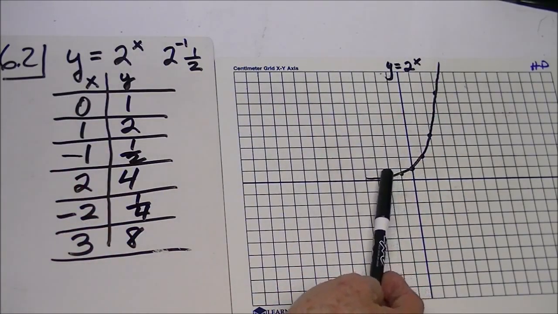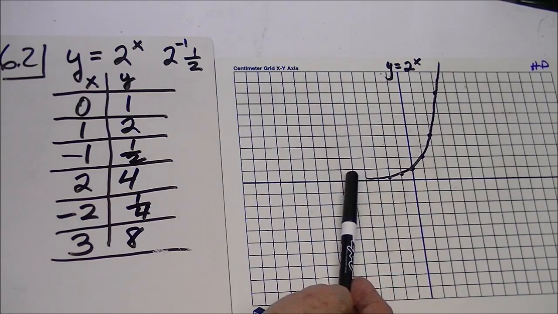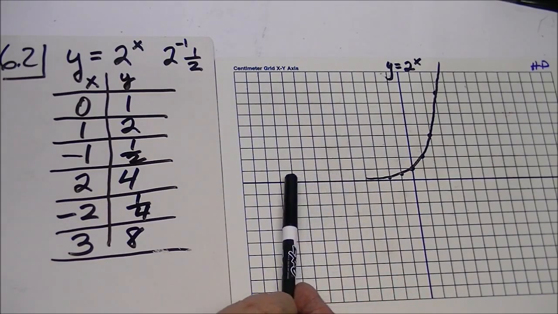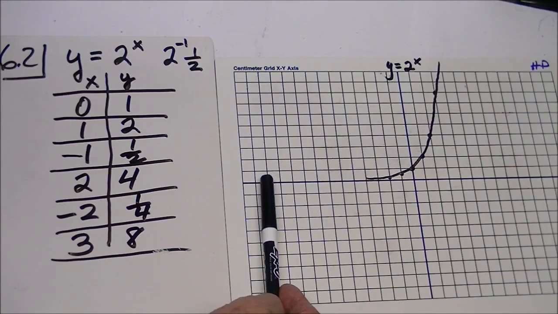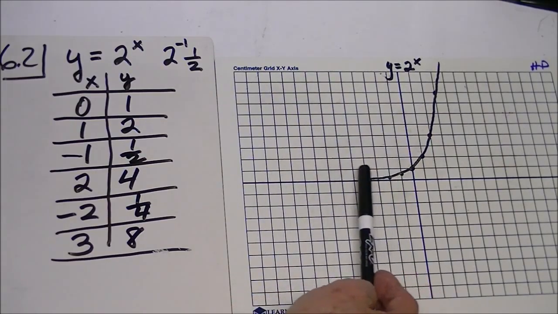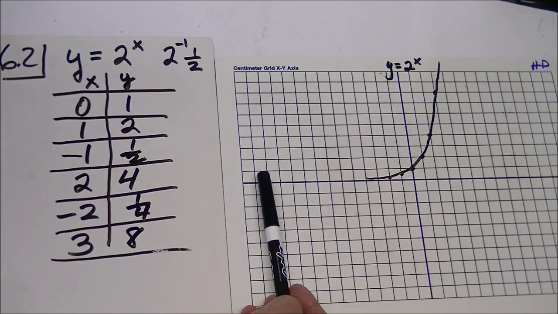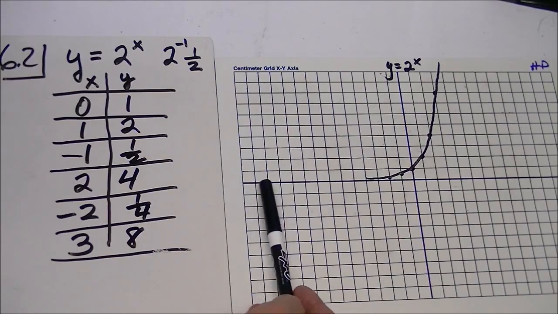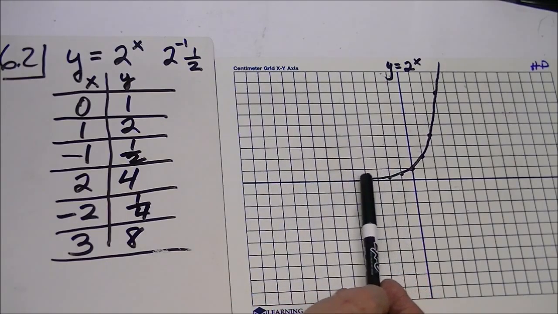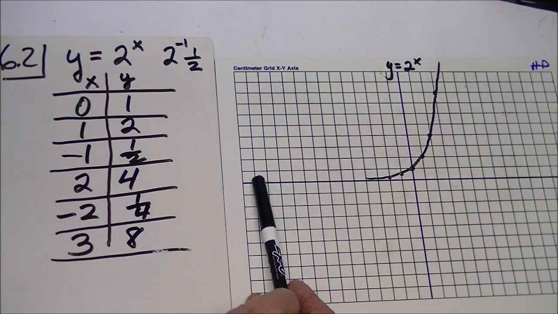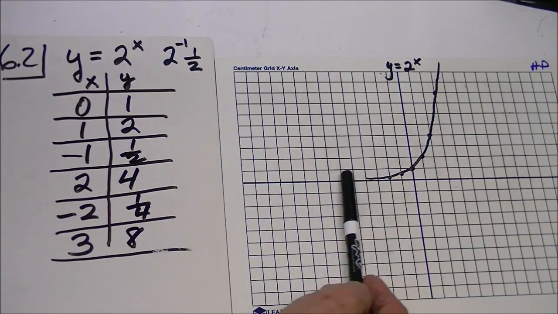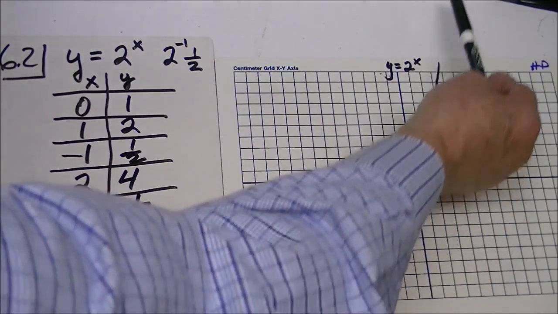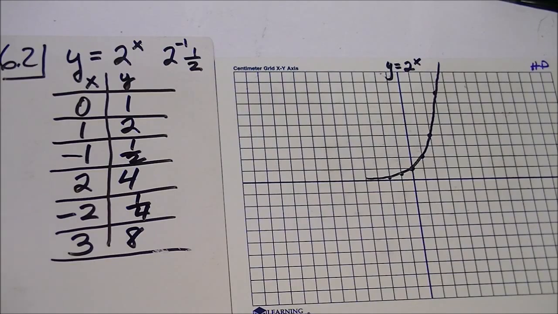Now this line is going to get ever and ever closer to 0, but it never quite reaches 0. We call this our x asymptote. This is the x-axis, so our x-axis is the asymptote. Never quite reaches it. And of course it goes off to infinity up in that direction.